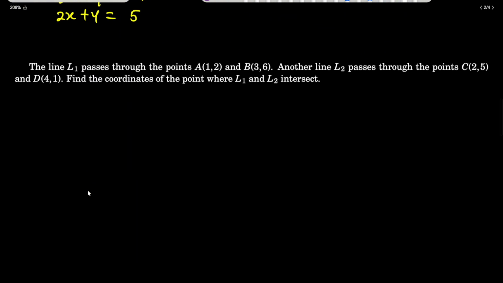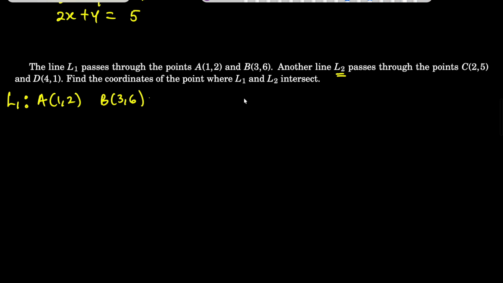Now in this question, we have L1, which is the first line. L1 is a function of 2 points, point A, which is (1, 2), and point B, which is (3, 6). And we have another line, L2.